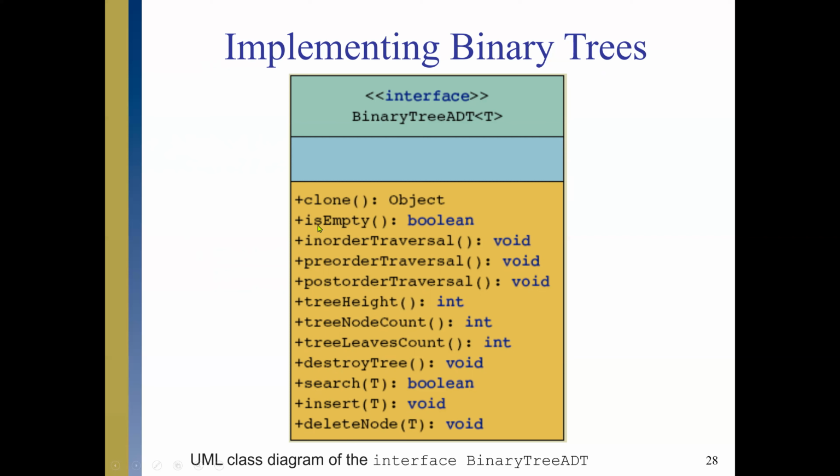We can also check if the tree is empty. Since this is a dynamic implementation using nodes, we don't need to check if it's full, so we just check if it's empty. Then we have the method to traverse in-order. We also have the method to traverse pre-order, and the method to traverse post-order.